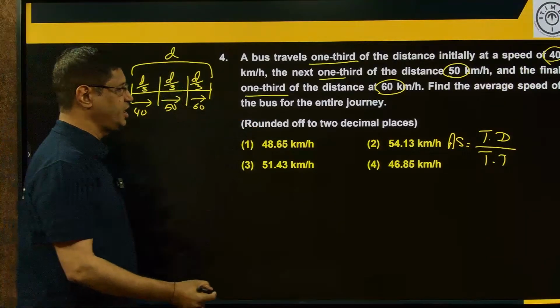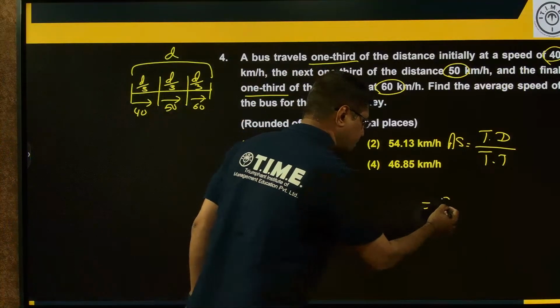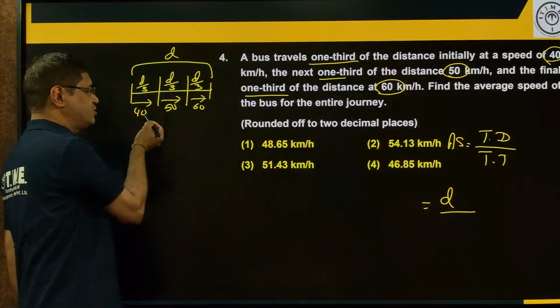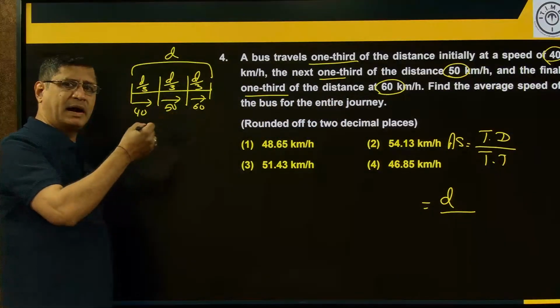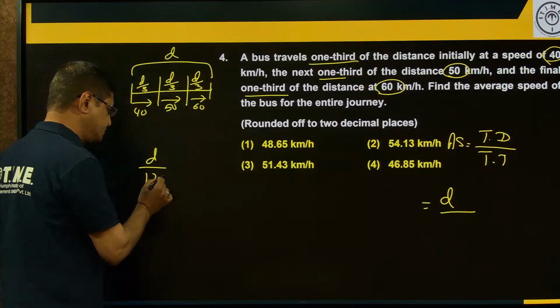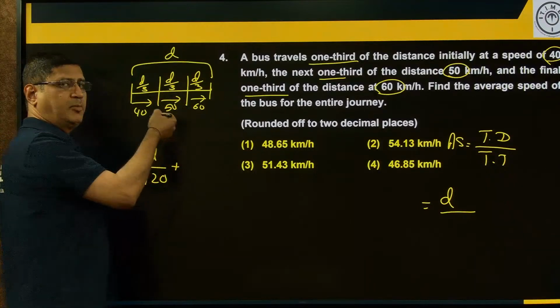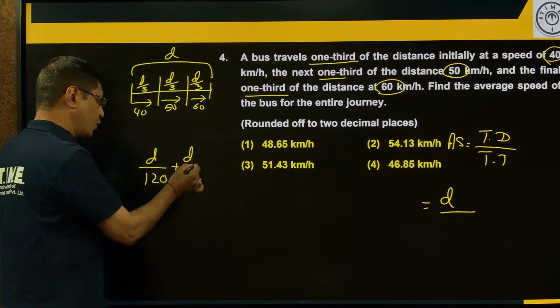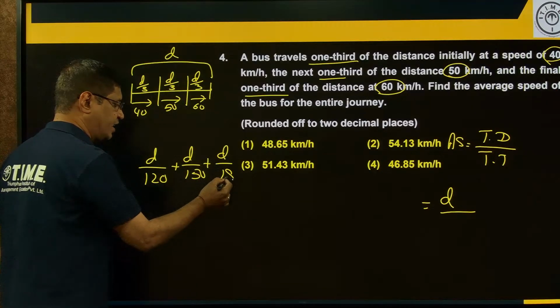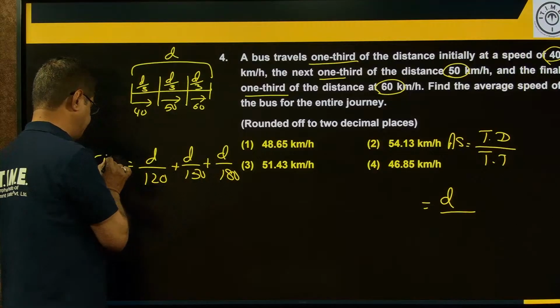Total distance means D. Now total time means distance by speed. D by 3 by 40 means D by 120. D by 3 by 50 means D by 150. Next, D by 180. This is the total time.